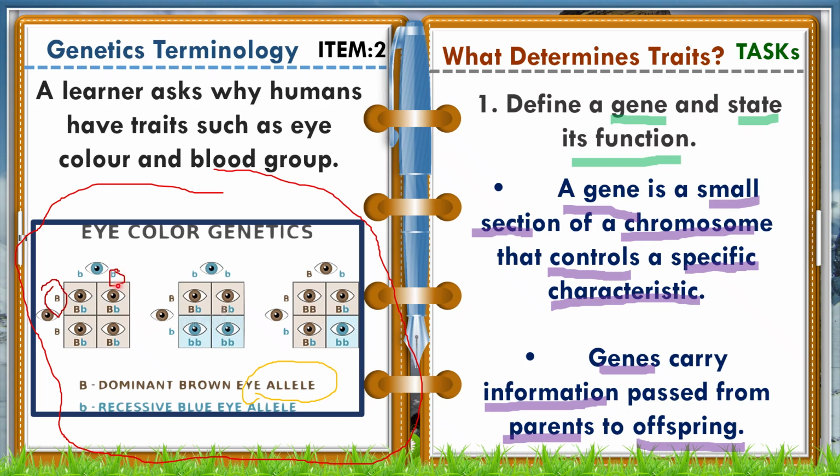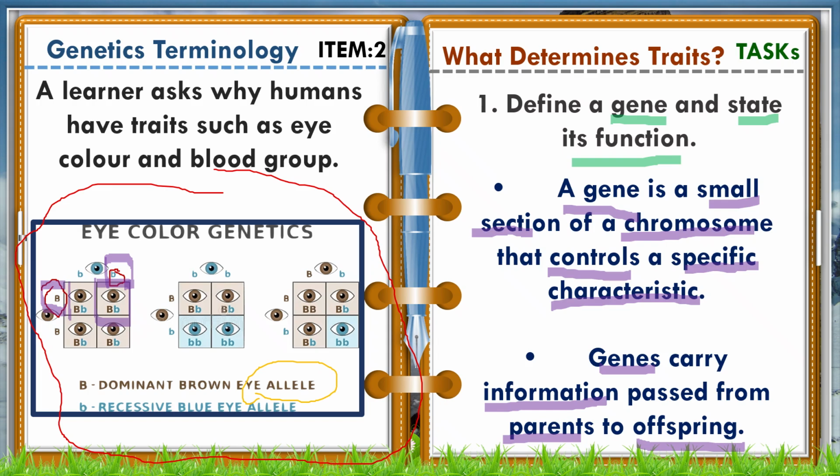So when this one combines with this one, we get this eye color, which is brown. So the information of the gene is going to give us the trait. When the smaller b and the capital B come together, we form a trait, and that trait is the brown eye.